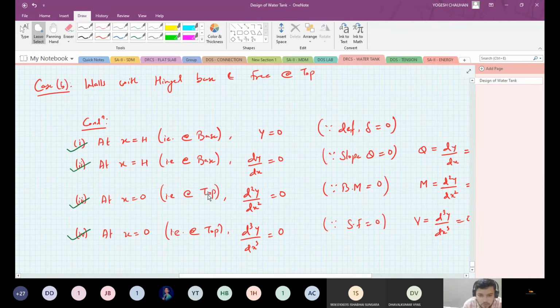So at the base, at x equals zero, instead of this, your bending moment is zero.